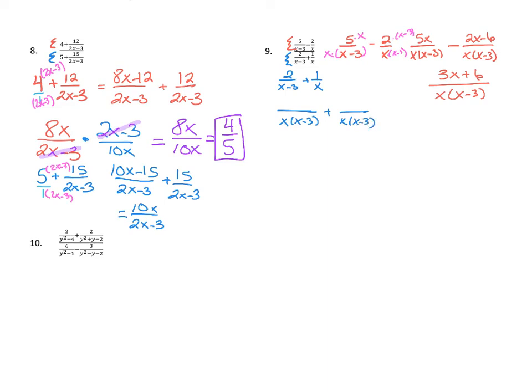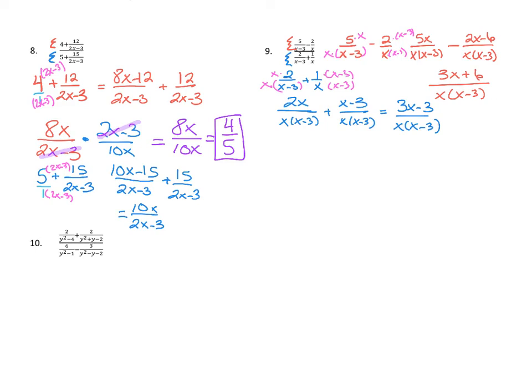So to achieve that, I need to multiply my first fraction by x over x, and my second fraction by x minus 3 over x minus 3. And when I do that, I will get 2x over x times x minus 3 plus x minus 3 over x times x minus 3, which will combine to 3x minus 3 all over x times x minus 3.